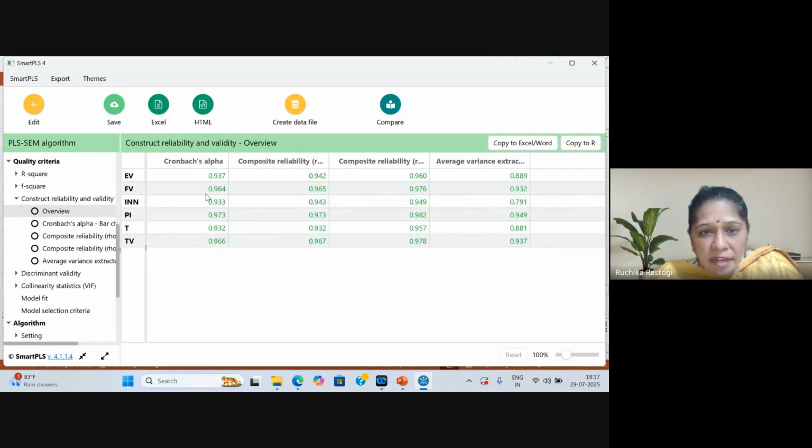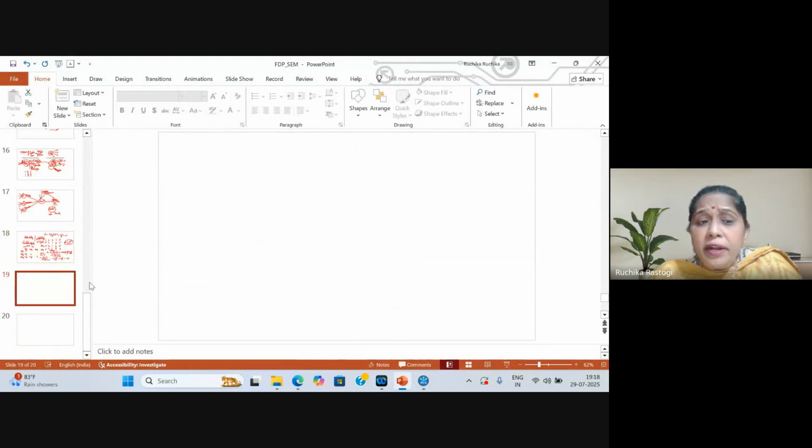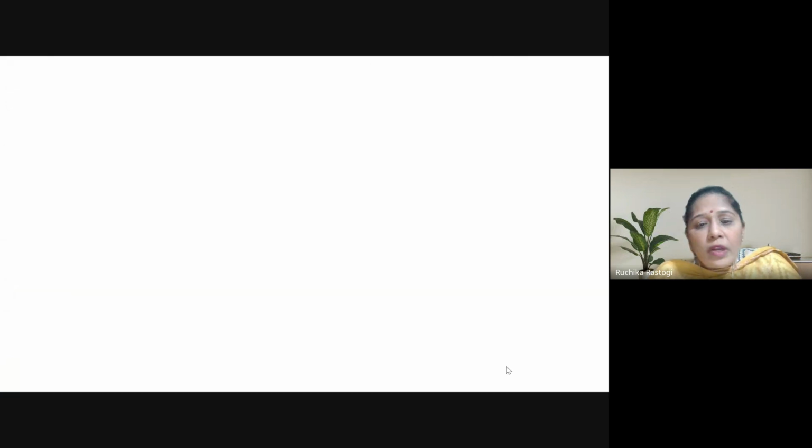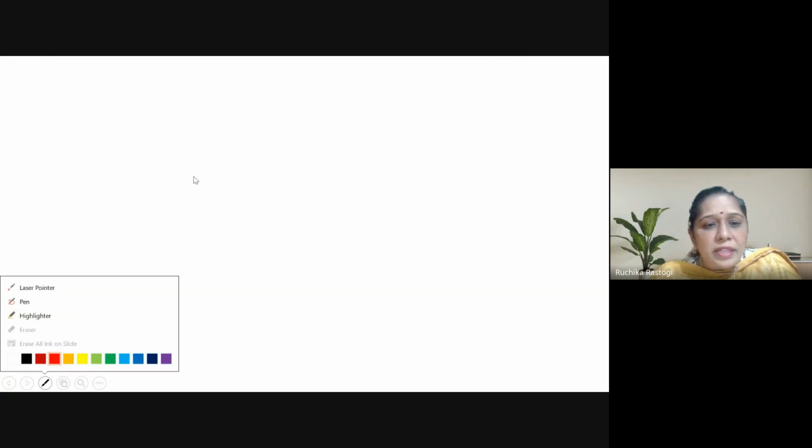What is the value? If I take the first one, 0.937. What is one more interpretation of this? If the value is, for example, 0.937, that means all the questions are highly correlated with each other.